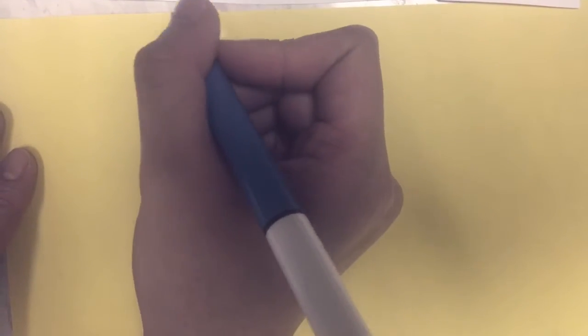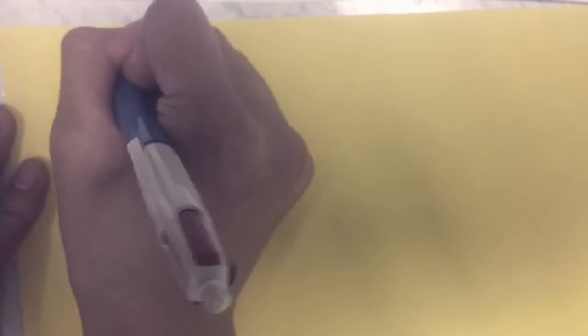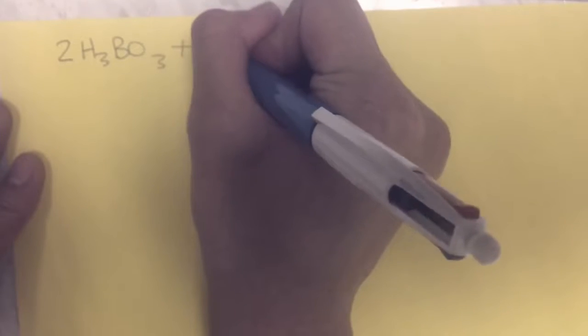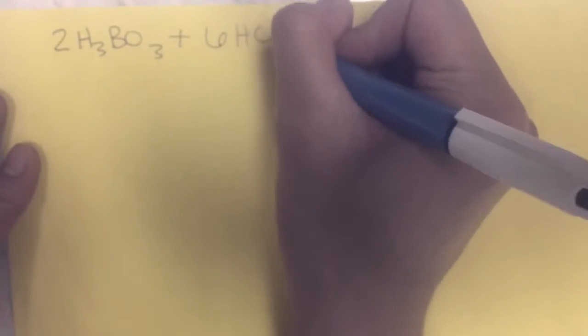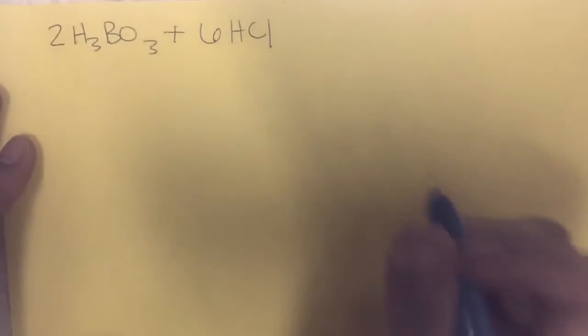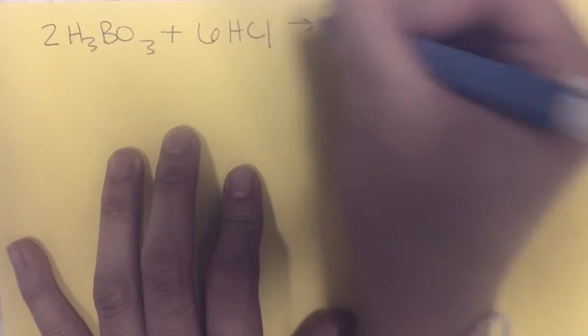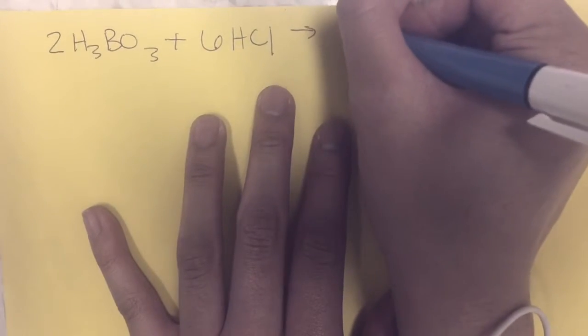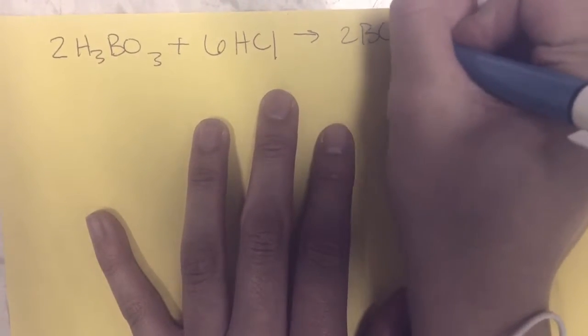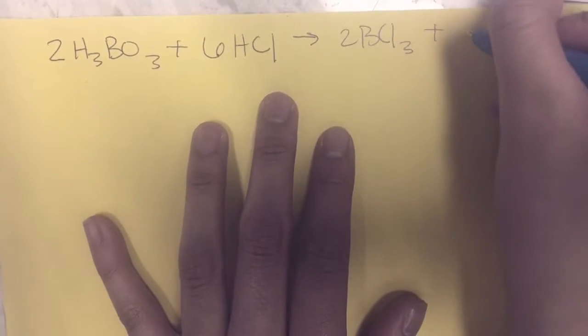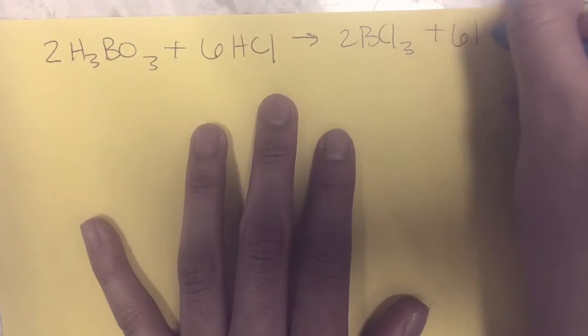You're multiplying the whole equation by 2, so you would write 2H3BO3 plus 6HCl, because 3 times 2 equals 6, and then it yields 2BCl3 plus 6H2O, because 2 times 3.